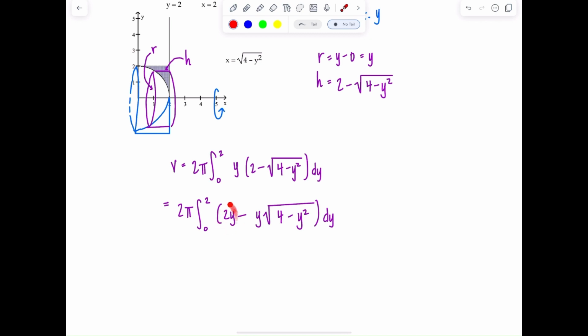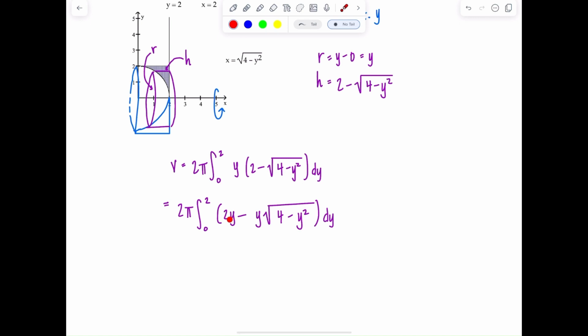We can do the antiderivative of 2y in our sleep. That's no problem. What about this guy? It's going to need a u sub, right? You're going to let u be 4 minus y squared, and then this will be part of my du. I know that because anytime you have something that's one degree lower than the quantity underneath the radical or in the parentheses, then u sub will help us out.